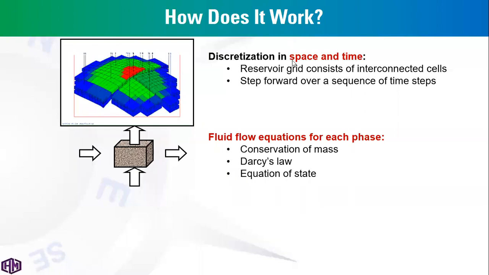And then the simulator will solve the partial differential equations for a specific time step. So we have discretization in space due to subdivision of the reservoir into grid cells or grid blocks, and discretization in time because we will solve the simulation equation across a specific time step.